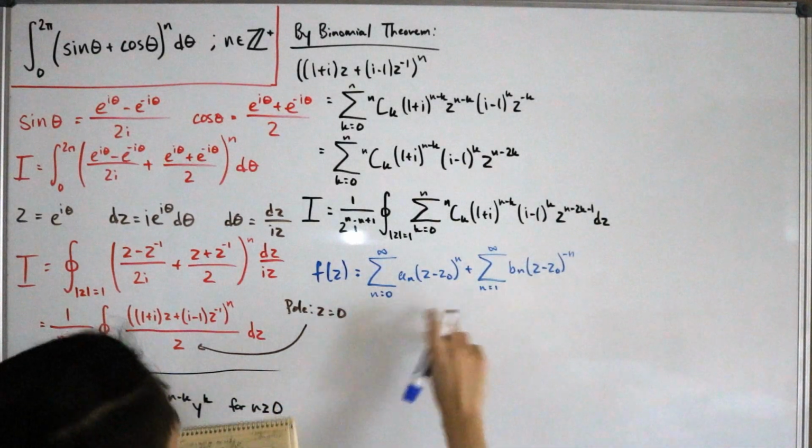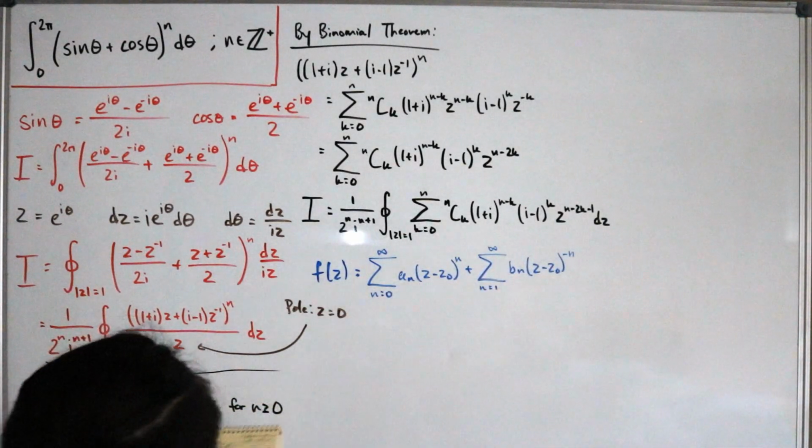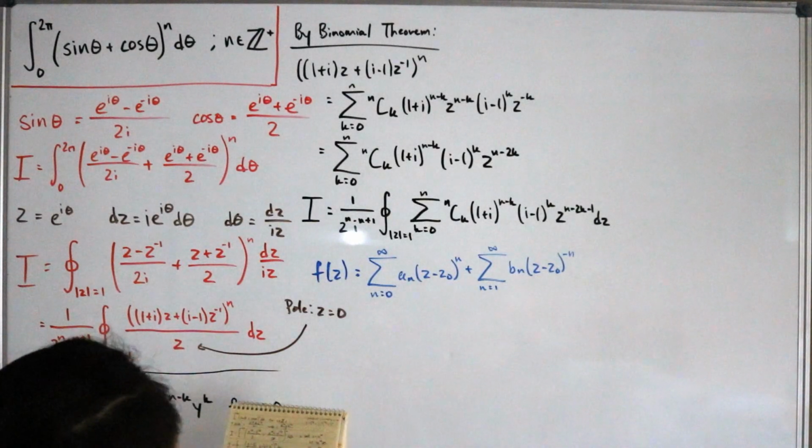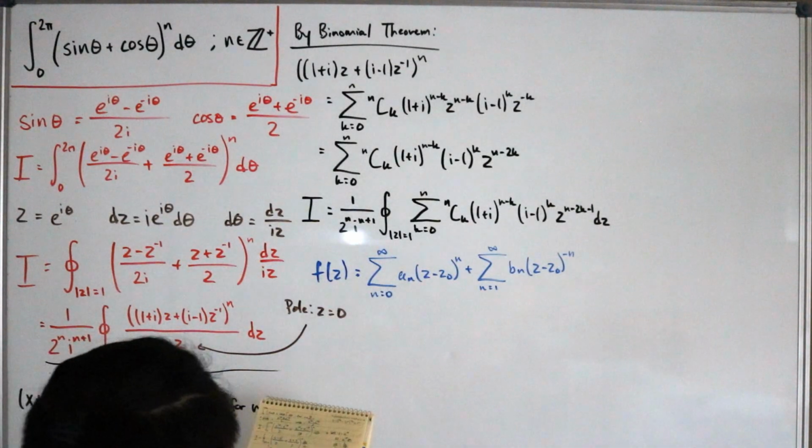And the a sub n and b sub n are coefficients that are computed from the Cauchy integral formula. I'm not really going to go too much into that.